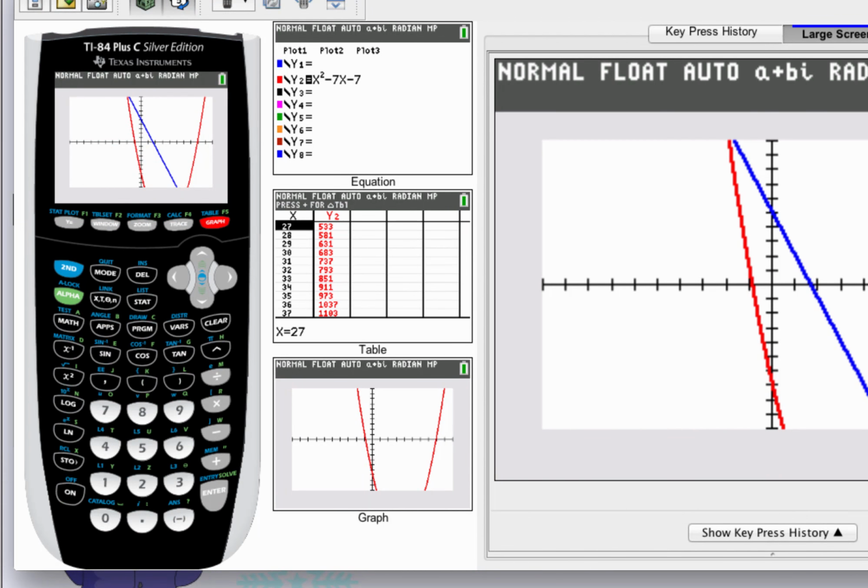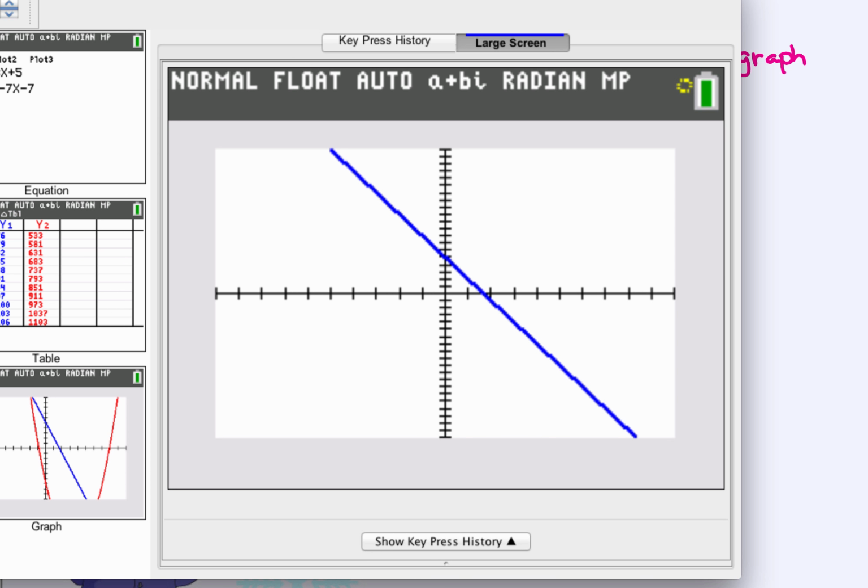And looks like I have to expand along my y values. So instead of a minimum of negative 10, let's do a minimum of negative 20. And let's do a maximum of 20. And let's see what this graph looks like now. Much better. I can see both points.